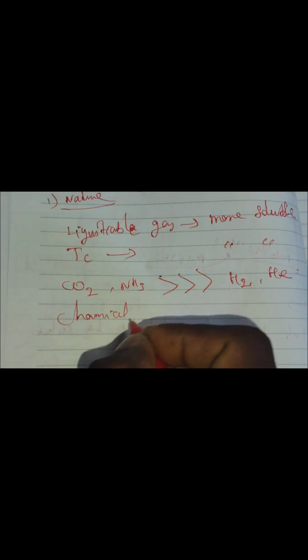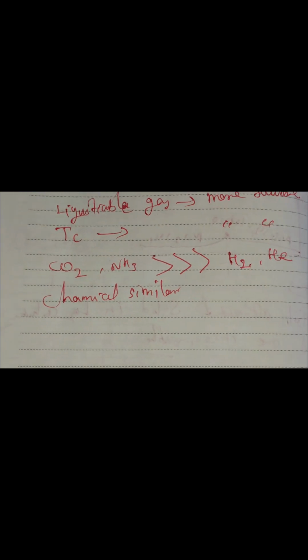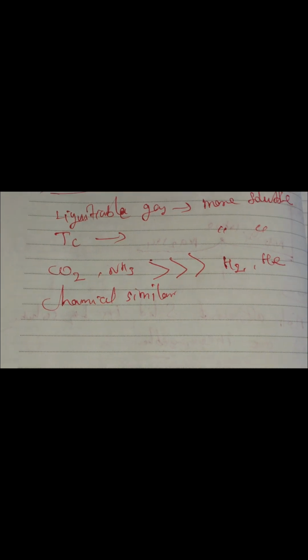The final category is that greater solubility of gases in a solvent is due to chemical similarity between the gas and the solvent. This is very important: in the last solution we studied that polar dissolves polar and non-polar dissolves non-polar. If either one is changed, the solution cannot be dissolved.